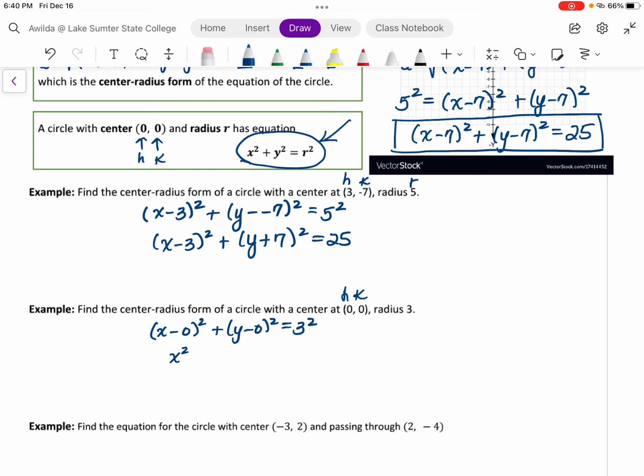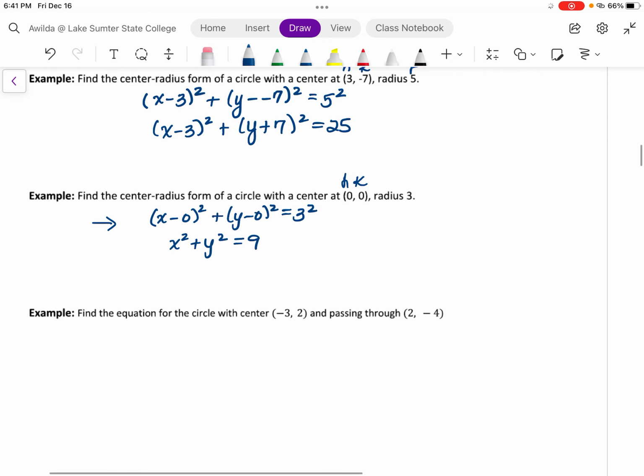Notice that we just get x squared plus y squared is equal to 9. If you're able to remember that when the center of the circle is at the origin, the equation simplifies very nicely, you don't have to go through this first intermediate step.